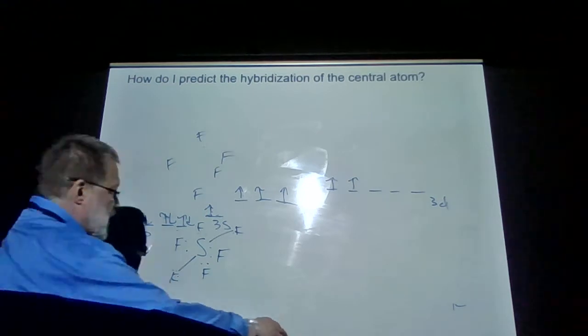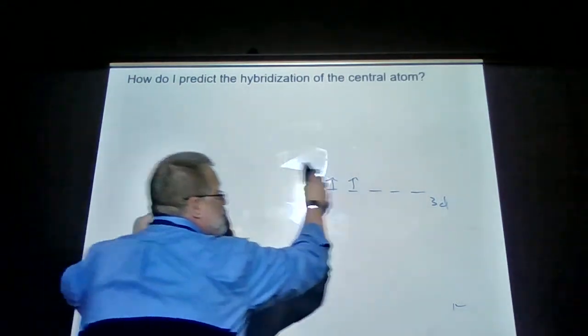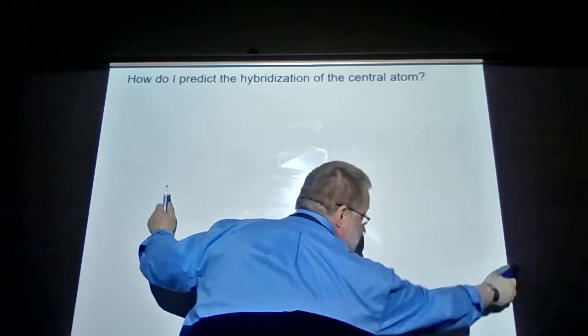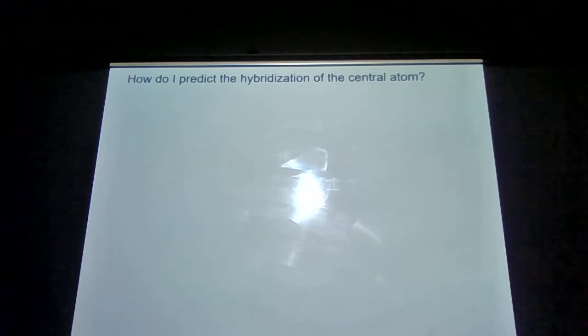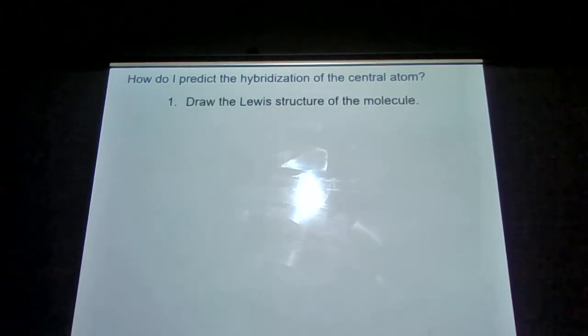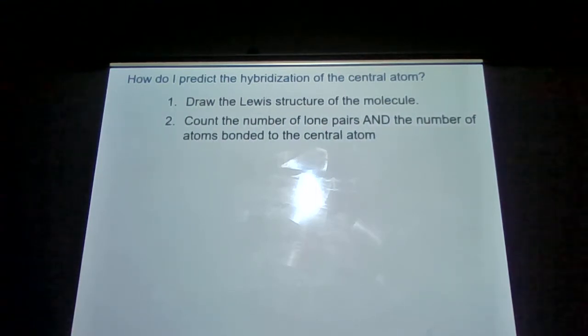So how can I predict what kind of hybridization I have on my center atom? One, draw the Lewis dot structure of the molecule. Count the number of lone pairs and the number of atoms bonded to your center atom.